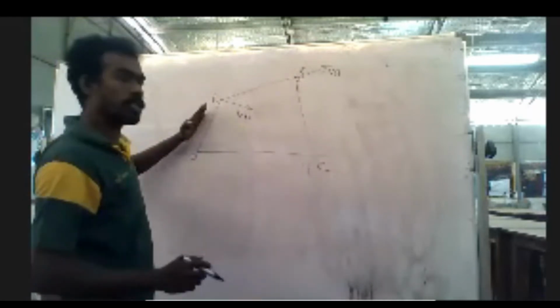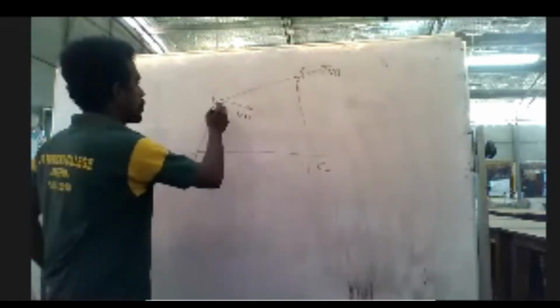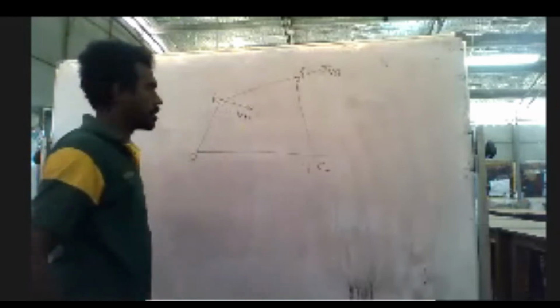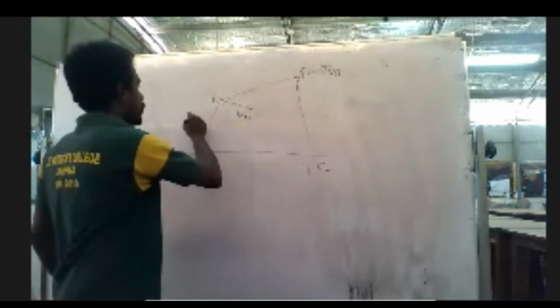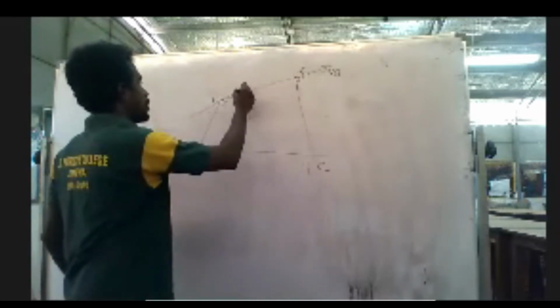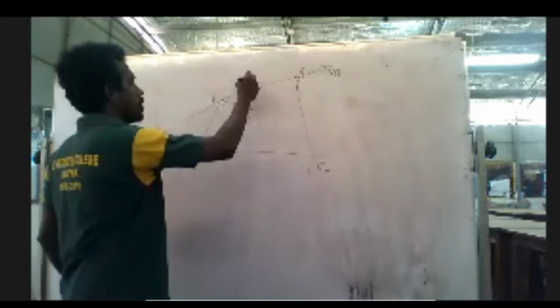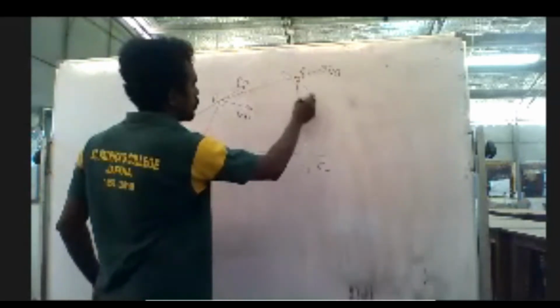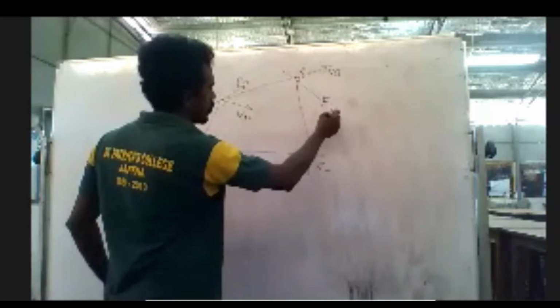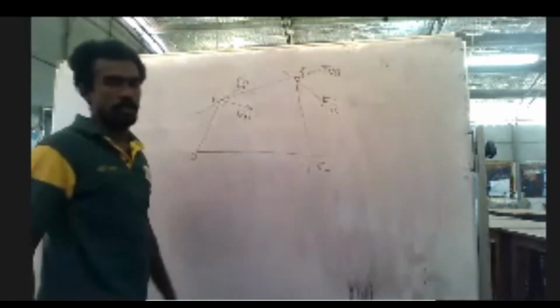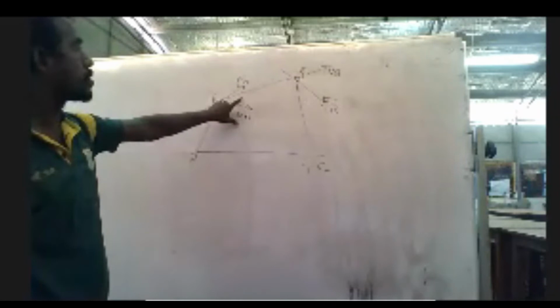And my link is here, and velocity should act perpendicular. So this is my VA. Say, for example, I have a force FA acting this way, and the force FB acting this way. This is my FB and that is my FA.